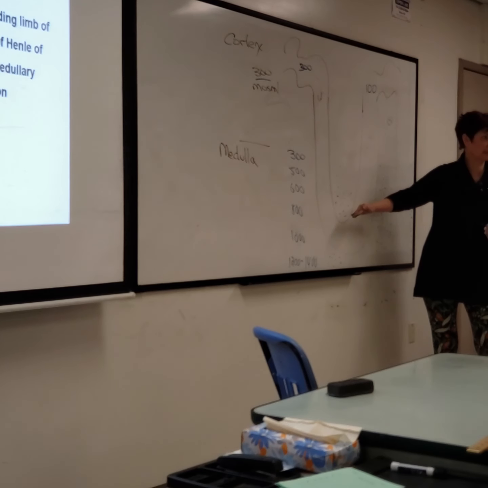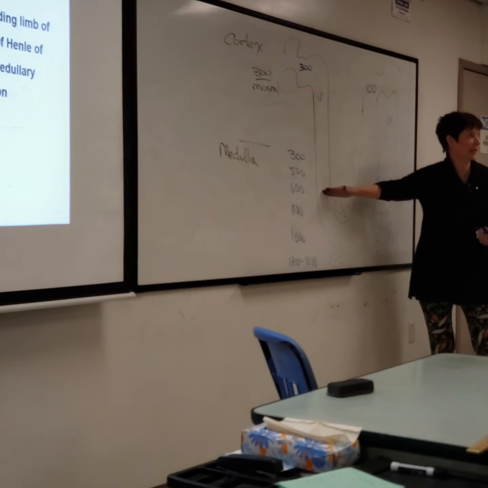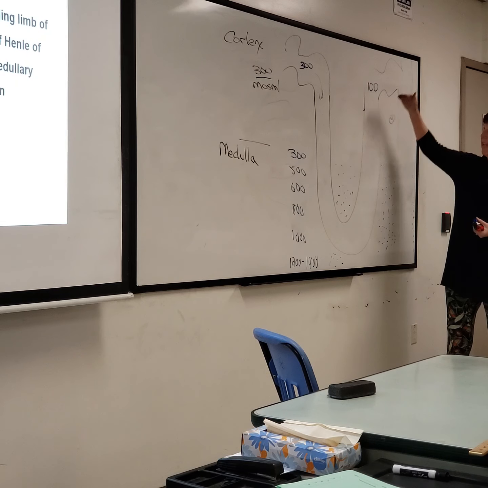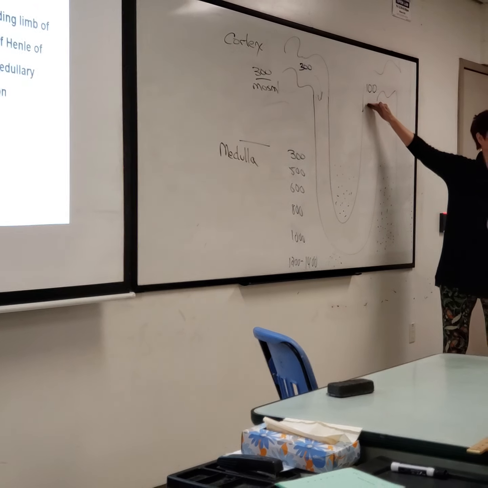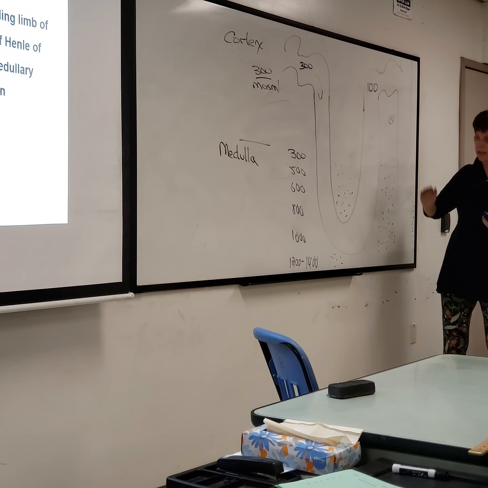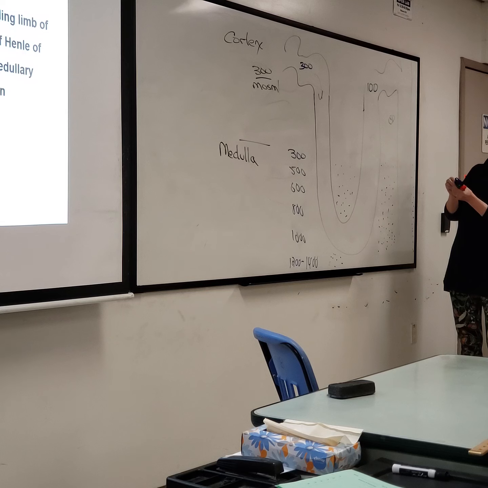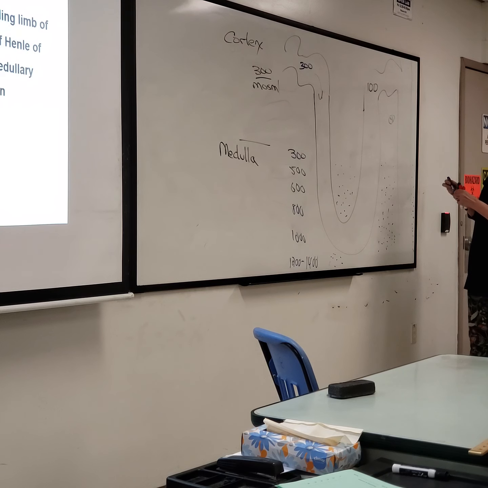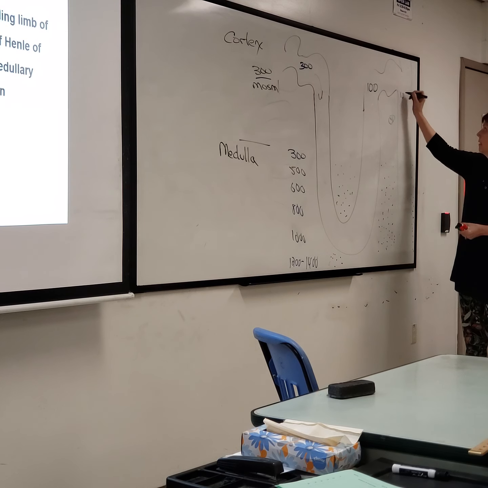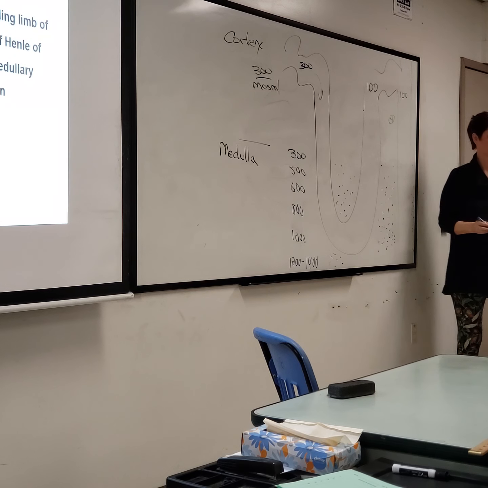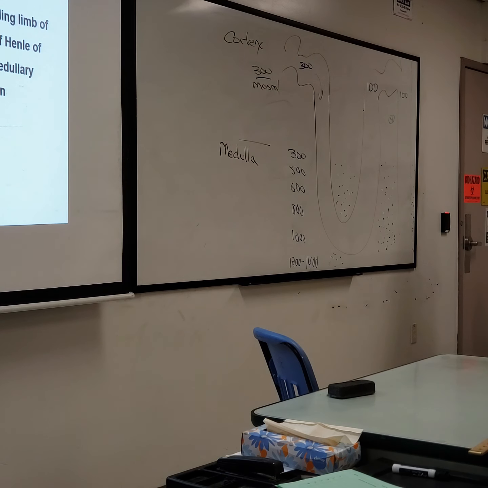But these particles came from the filtrate, which is why the filtrate is less concentrated, because we took particles out of it to make the extracellular fluid more concentrated. All right? So now as our filtrate starts to go down the collecting duct, it's 100. It doesn't get more dilute than that.